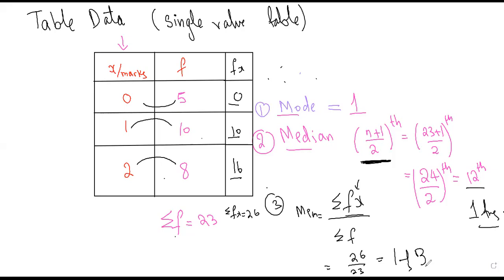Okay, and then the last question for today is, what would be the range in this case? Range is maximum minus minimum. Yes, this is very easy. Maximum value is 2, minimum value is 0. So you will just do 2 minus 0, right?